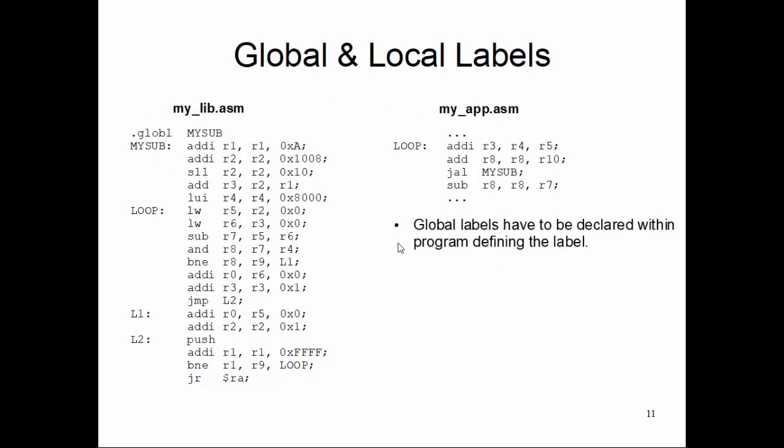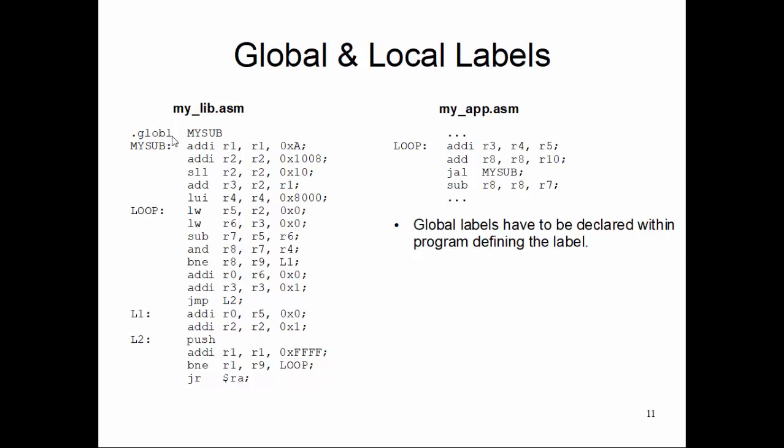So how do I do that? Global labels have to be declared within the program defining the label. So my sub is being defined in this mylib.asm, and I am declaring it with this construct, dot globl. It's not a full name though.